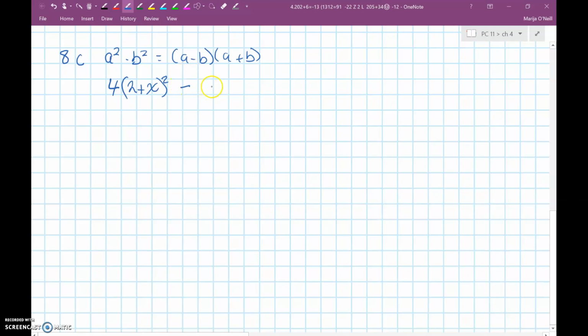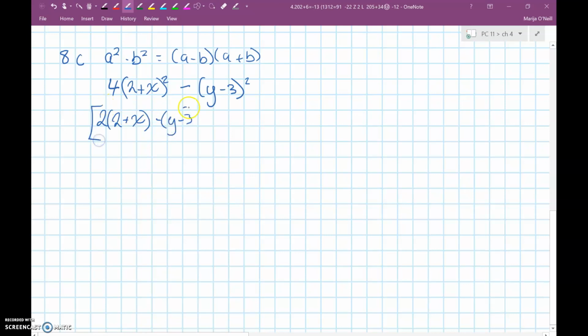Minus y minus 3 squared. First, I'm going to get the square of this and the square of that. Square of this is 2 plus x minus y minus 3.